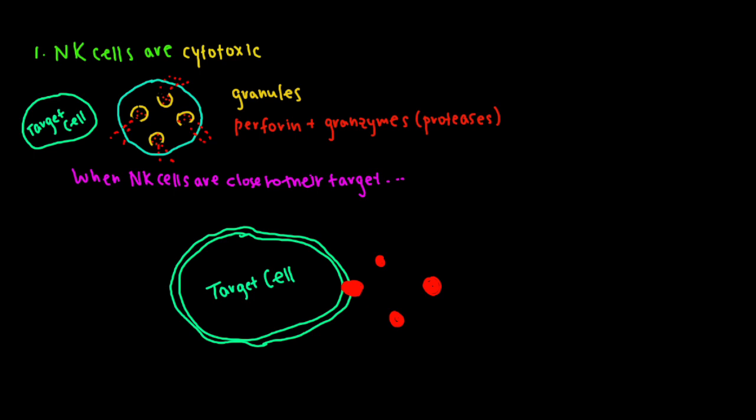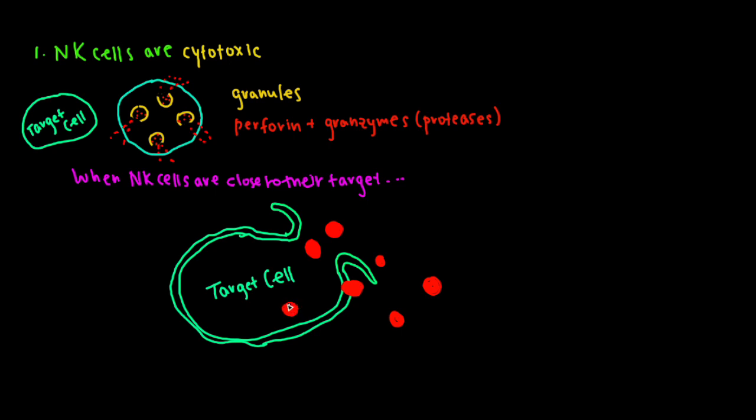Okay, so to draw that a little bigger for you guys, that is the target cell, and the red dots represent the perforin that split open the cell membrane of the target cell. In this case, it's a tumor cell or a viral cell, and this will lead to the death of it.